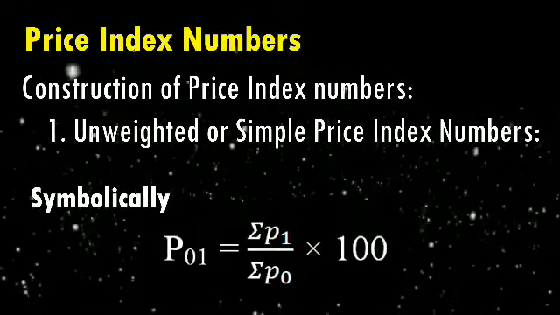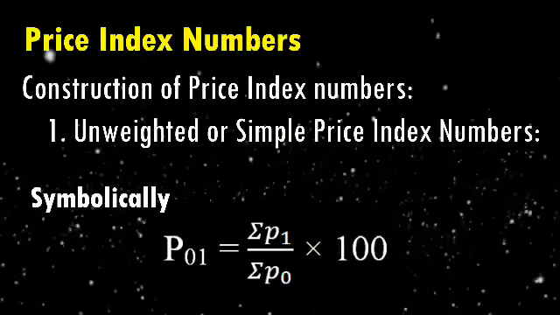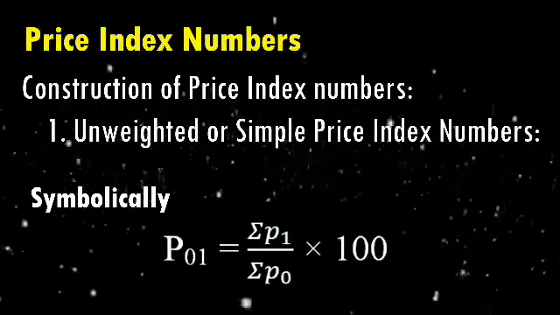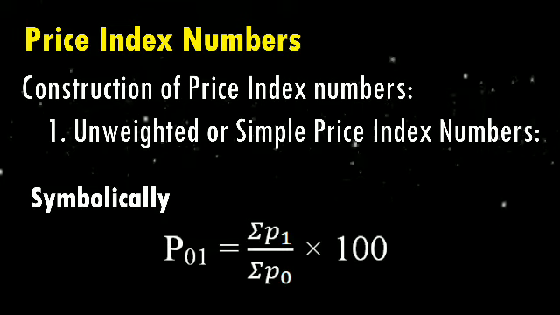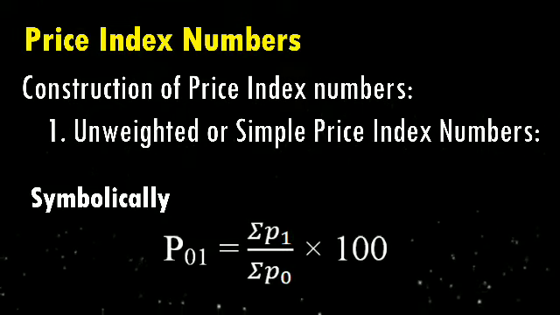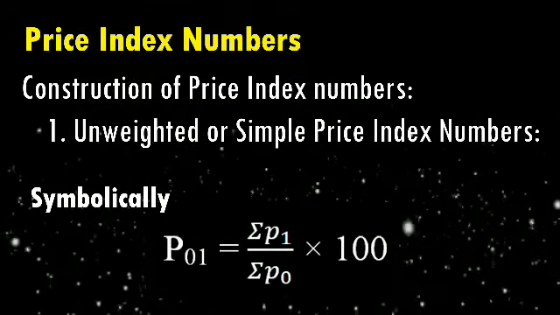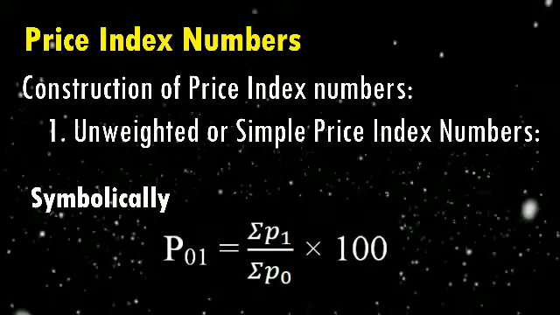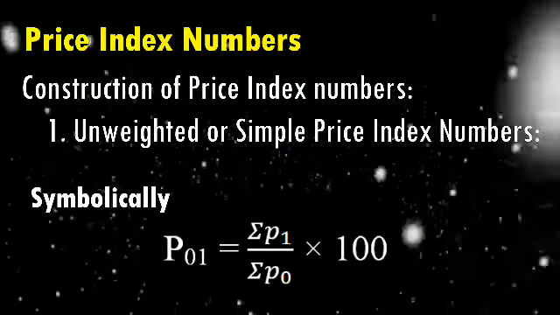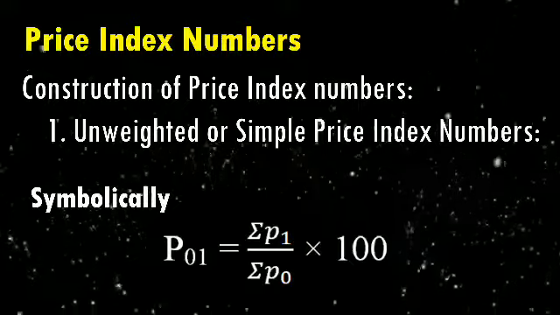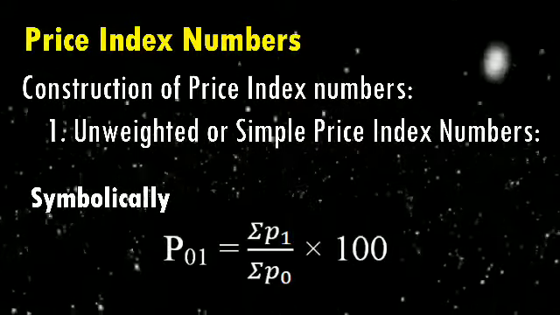Now here, on the left hand side, the capital letter P indicates the price. You are computing a price index, so the estimation value is taken as capital letter P. 0 indicates the base year and the current year is indicated by 1.